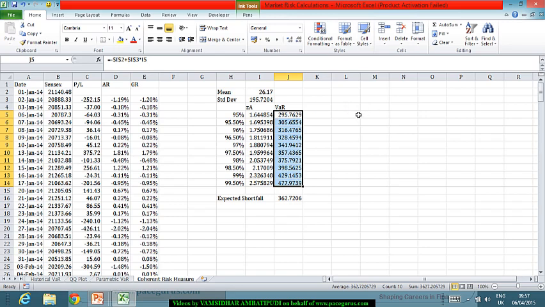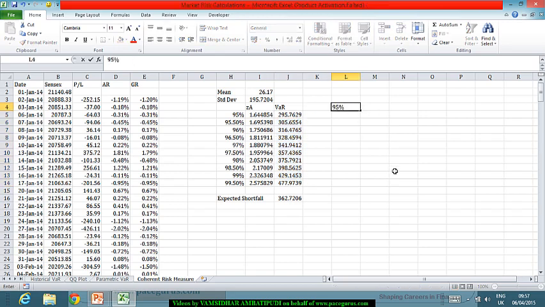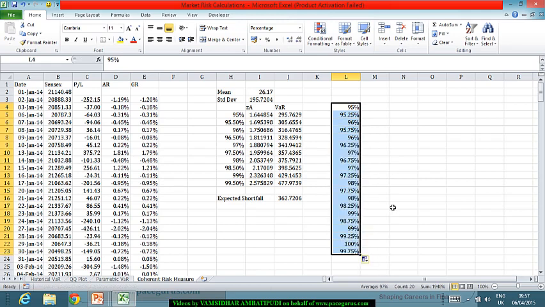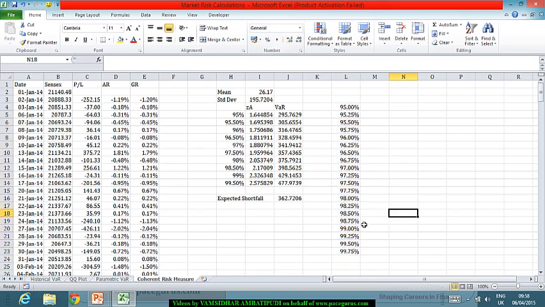Now let's say my slices are not 0.5 but just 0.25%, which means I can express them like this, from 95 going up to 99.75. Here I get minus mean plus standard deviation times Z alpha.